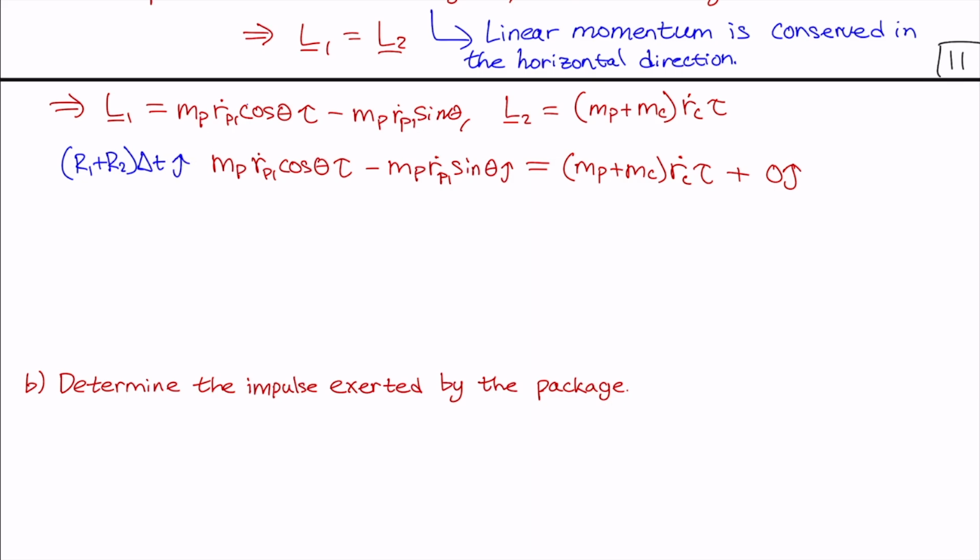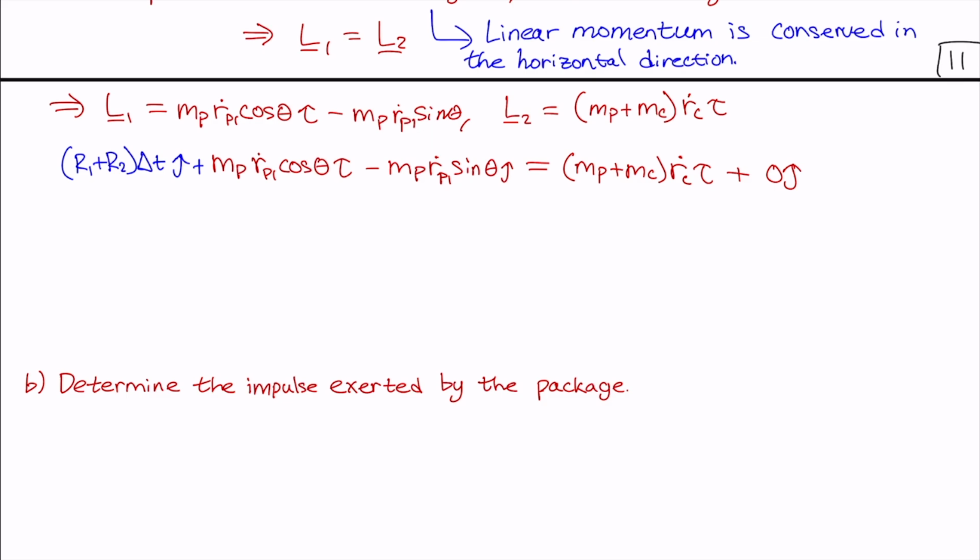And now this is valid. And what we can now do is set the I direction equal together, and this is going to allow us to find the final velocity of the cart, and we'd also be able to find an expression for this (R1 plus R2) times delta t in the J direction.